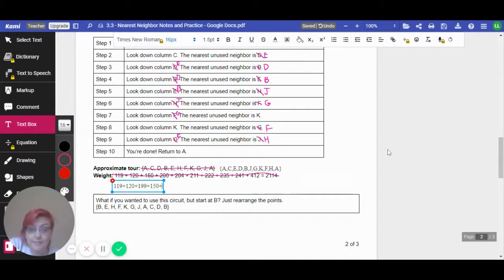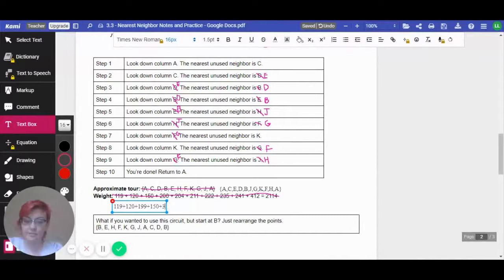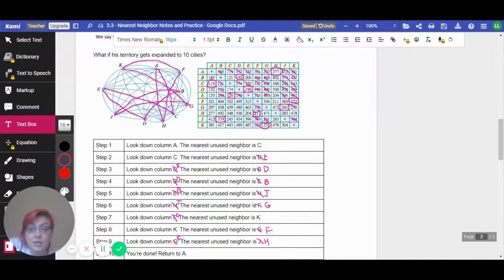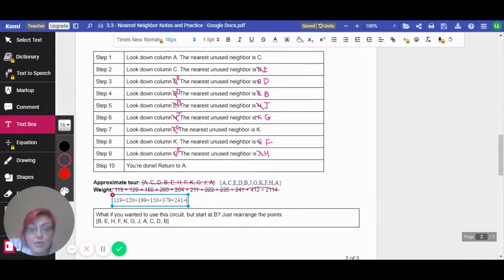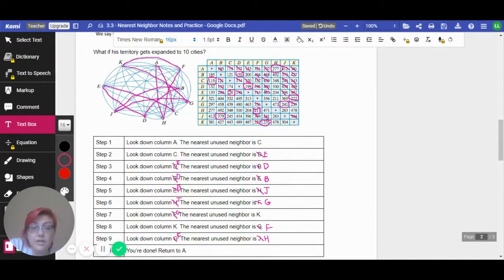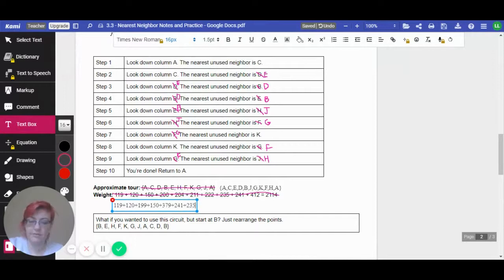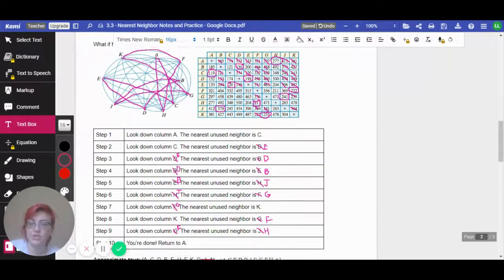B to J is 379. J to G is 241. G to K is 235. K to F is 222.